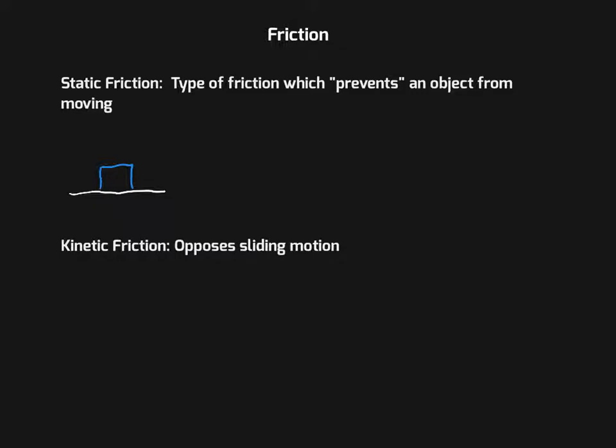Now, the big thing with static friction is that we can apply a little bit more force to this scenario here. We can apply a little bit more force, and we have a little bit more static friction, and I'm just going to abbreviate that Fs. And we overcome static friction by applying enough force to counteract what we call static friction max.